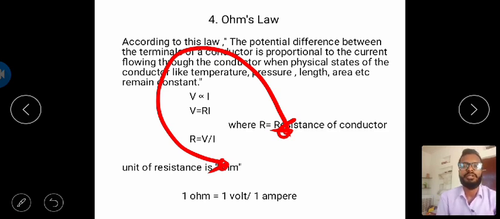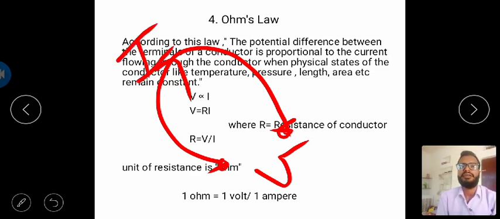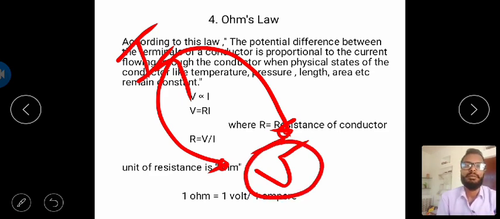This is the law. It means how much voltage will be developed across these two terminals of this wire will totally depend on the current flowing through the wire. If the current flowing through this wire is low, then the voltage produced across the terminals will be low.